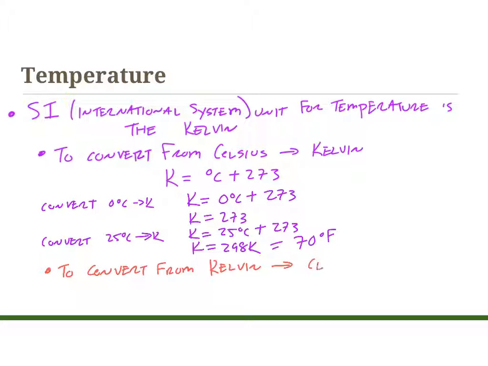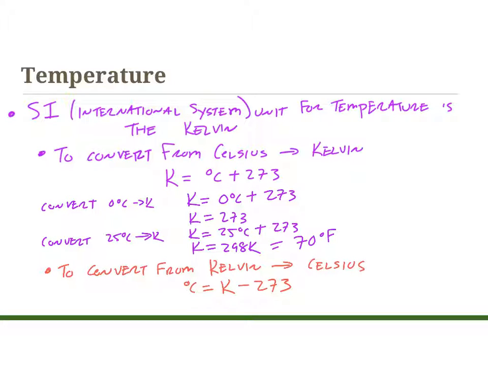To Celsius, you would use the following formula, which is degrees Celsius is equal to K minus 273.